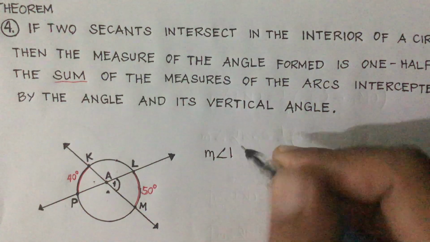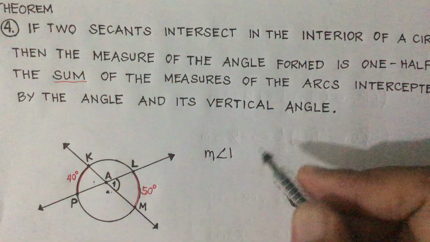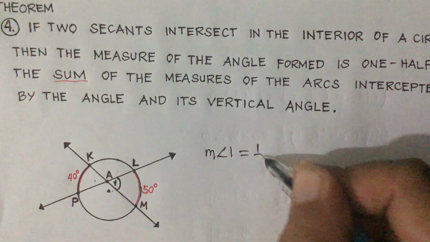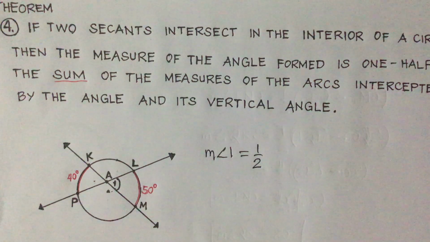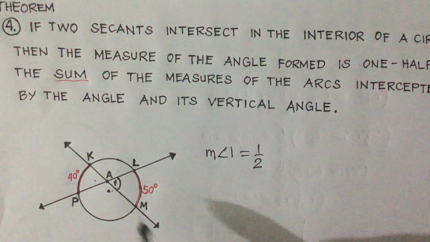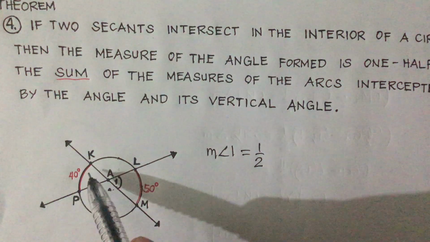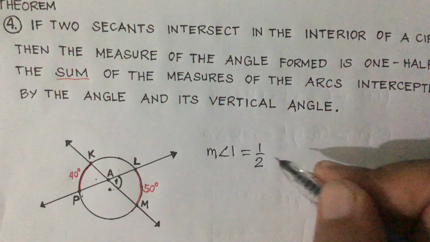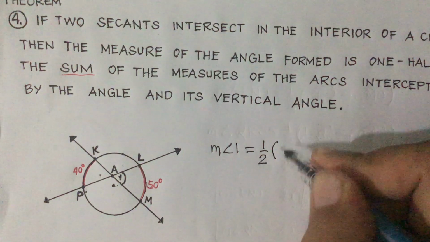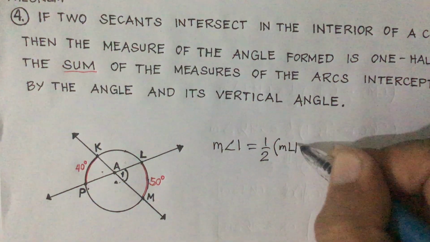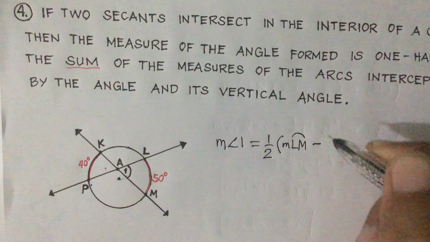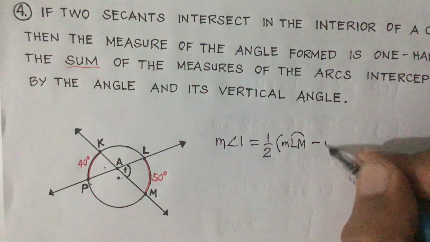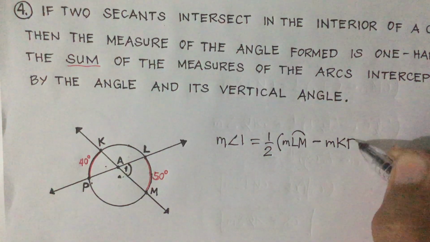So this one, measure of angle 1 is equal to 1/2 the measure of the intercepted arc. So we have the arc LM and the arc KP, the opposite arcs. So 1/2 of the measure of arc LM, this one, minus the measure of arc KP, this one.